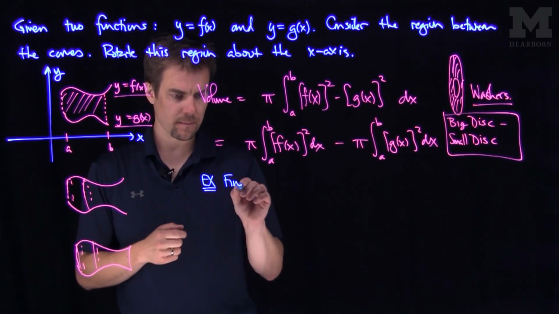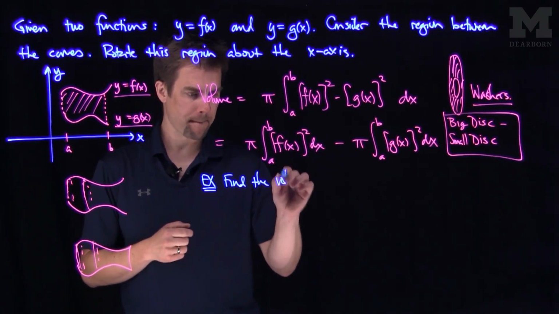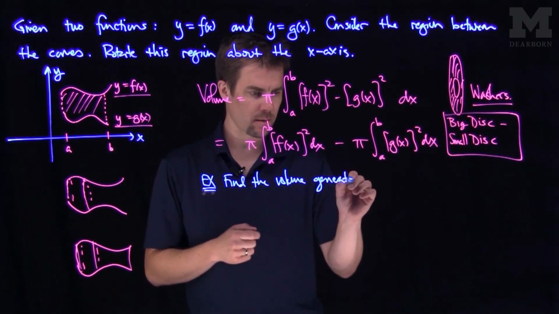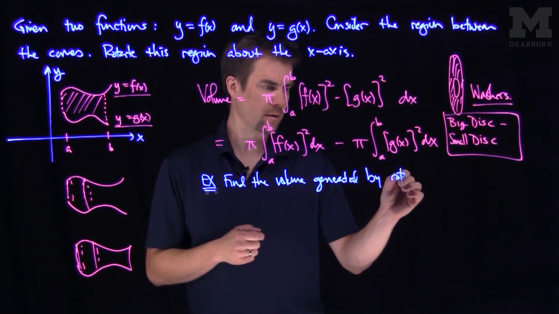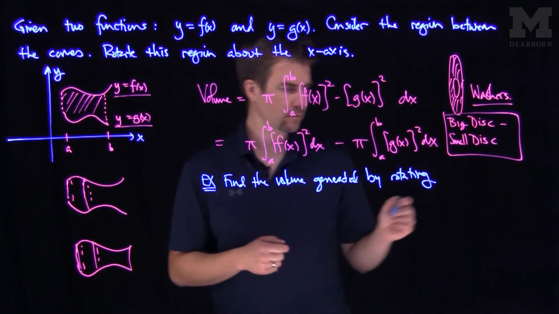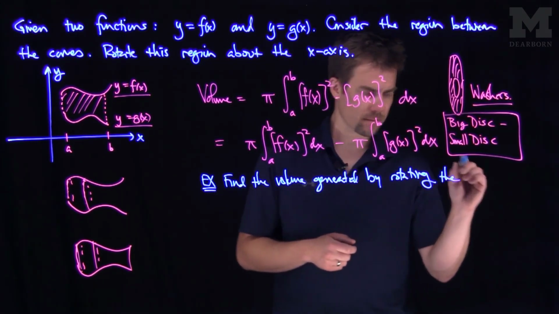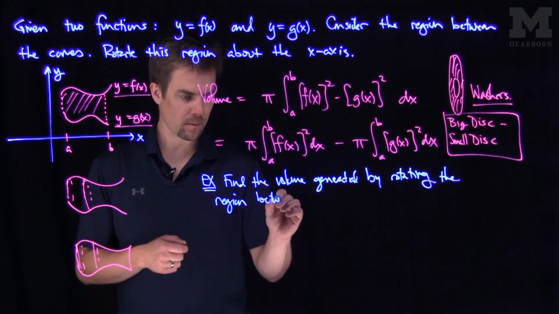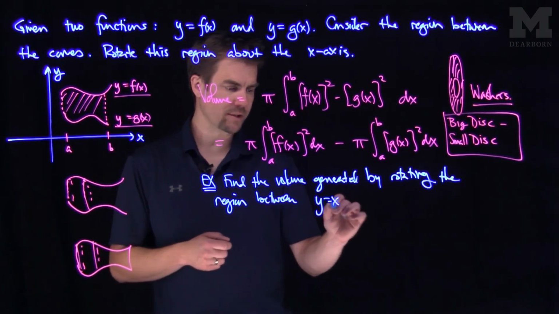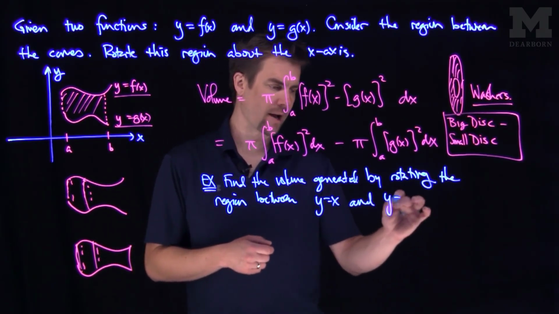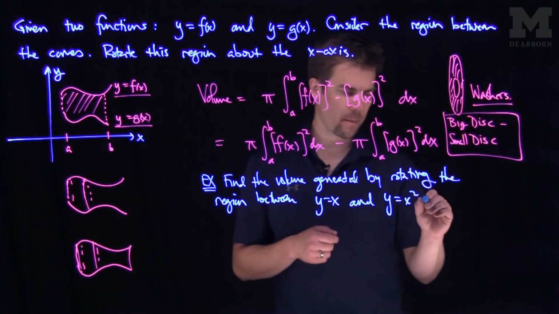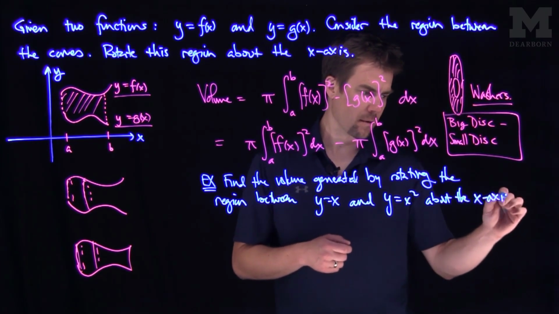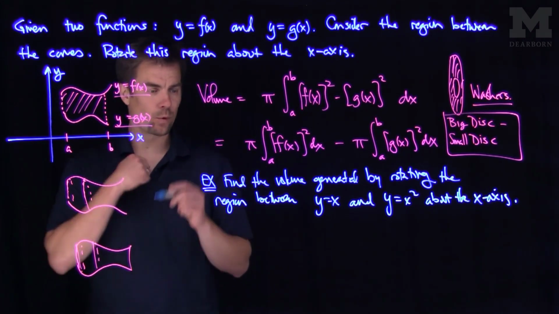Let's find the volume generated by rotating the region between y equals x and y equals x squared about the x-axis. Okay? Again, we'll use the washer method.